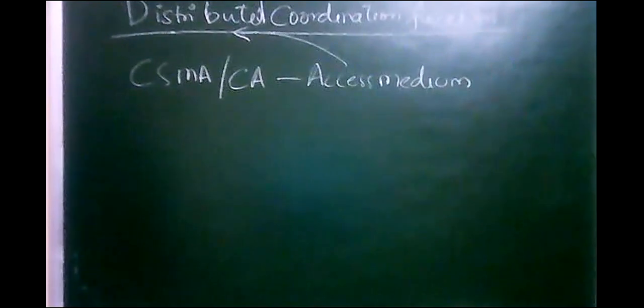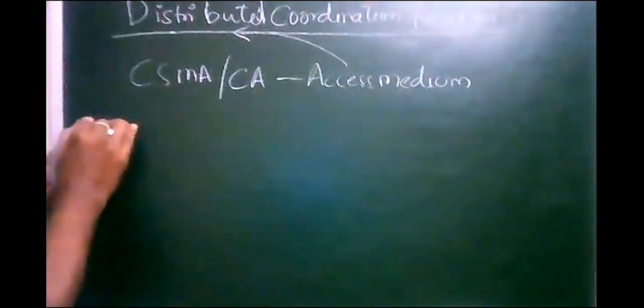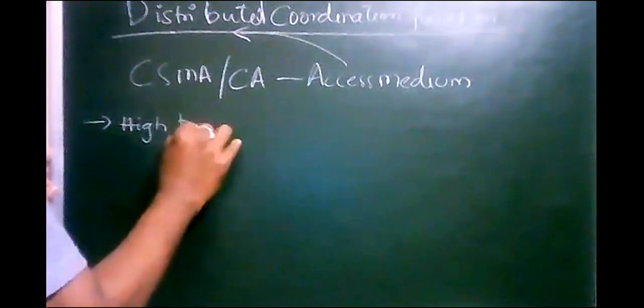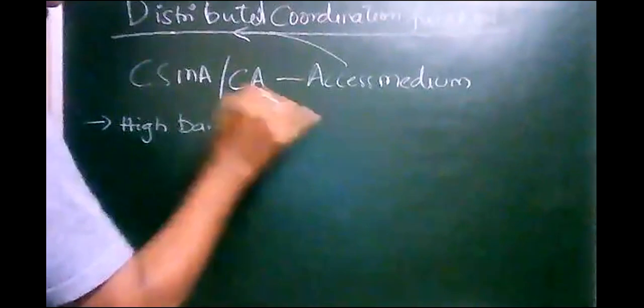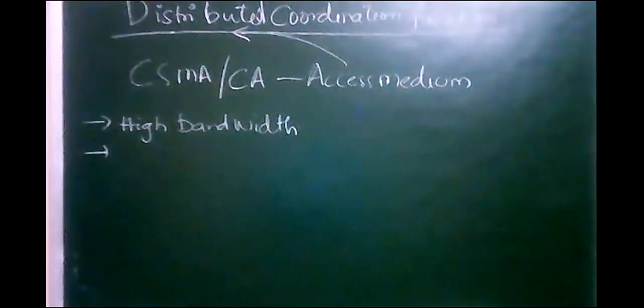The first one: for using collision detection, it needs high bandwidth. The second one is hidden stations.